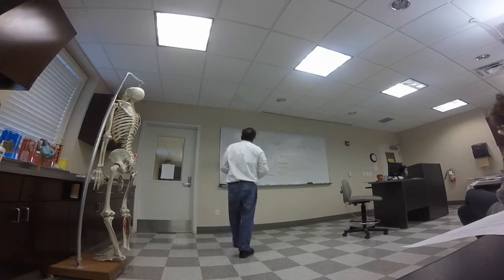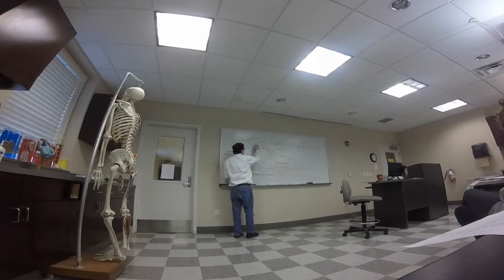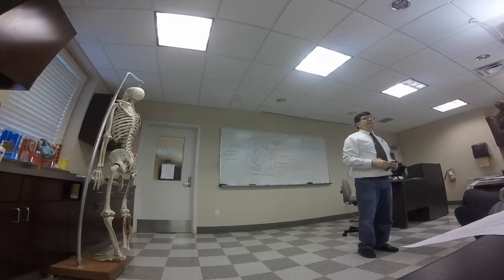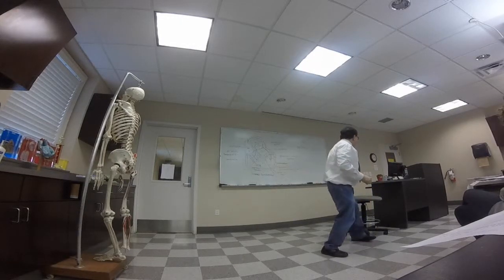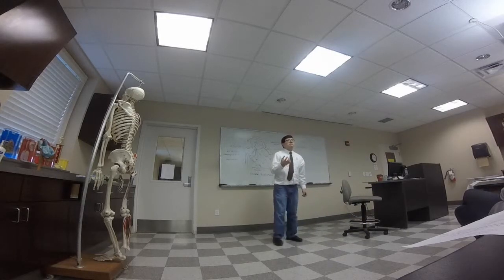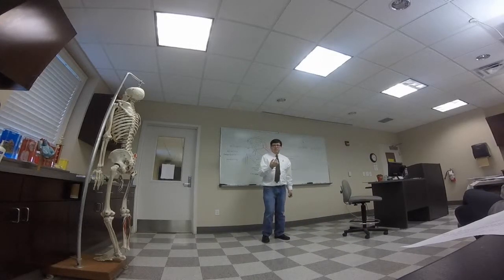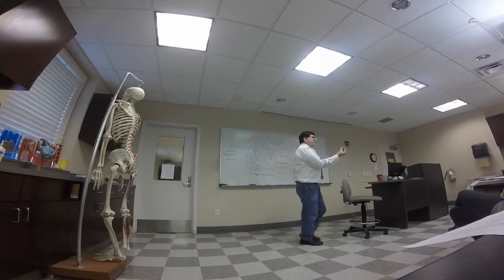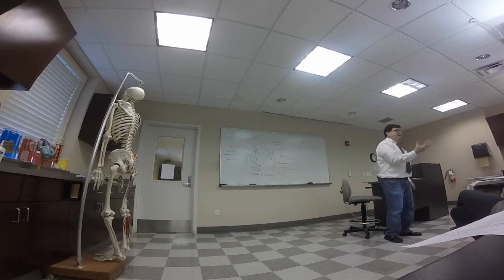Okay, so during systole, blood is being ejected into the pulmonary trunk and concomitantly into the aorta. The ventricles are doing this. Watch this closely. Don't try this at home. I'm a trained professional. Systole, diastole, systole, diastole. My hand represents the right or left ventricle.